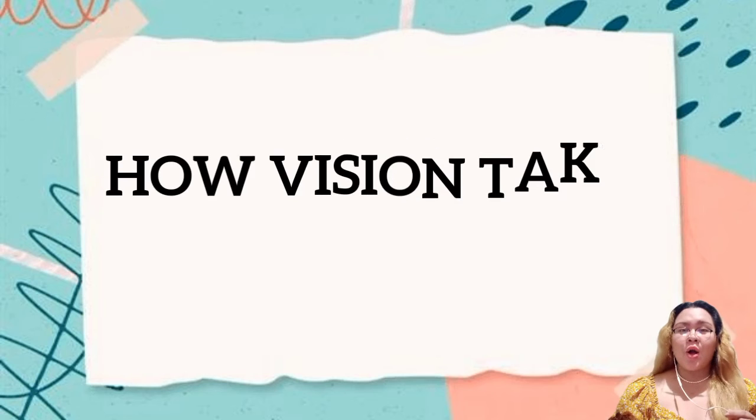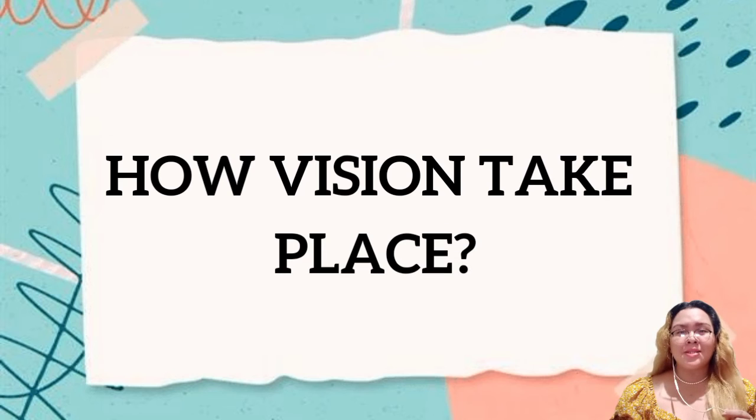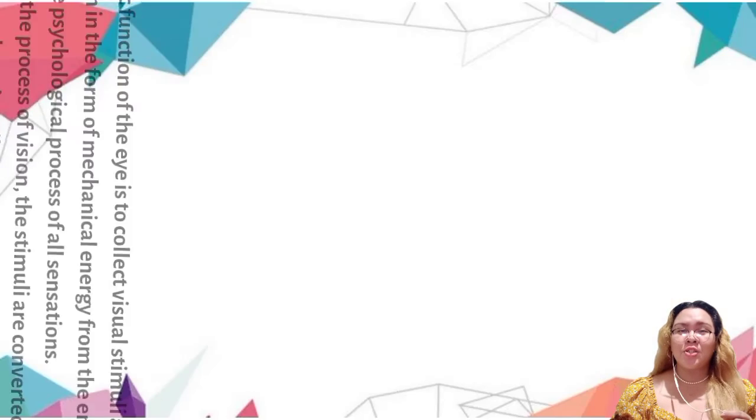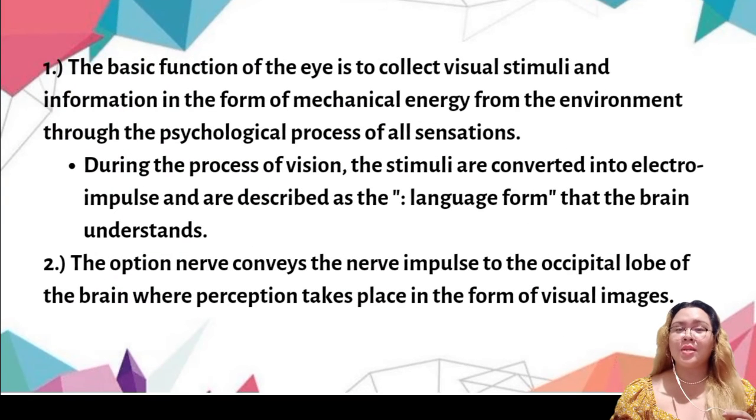Now let's answer how vision takes place. The basic function of the eye is to collect visual stimuli and information in the form of mechanical energy from the environment through the physiological process of sensation. The eye has tens of millions of electrical connections that are capable of handling as many as 1.5 million messages at the same time.